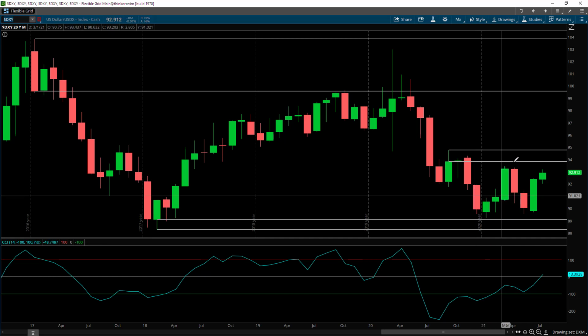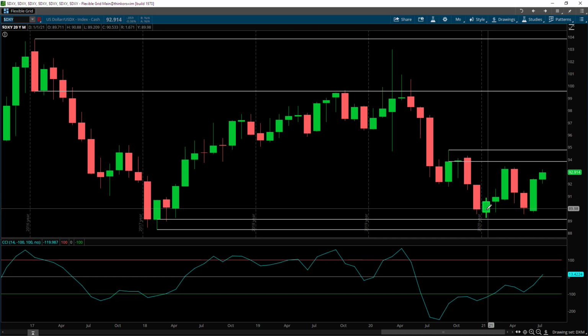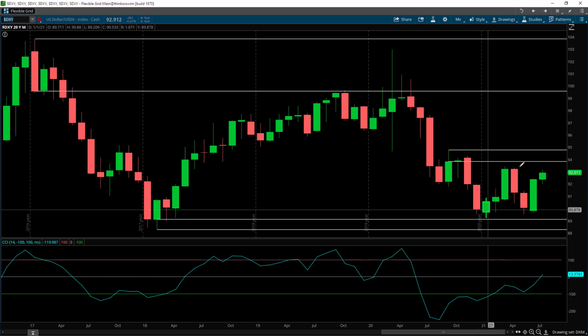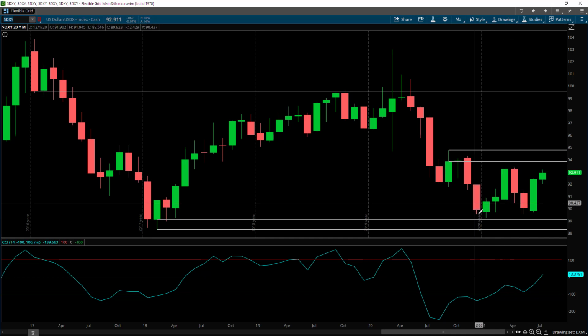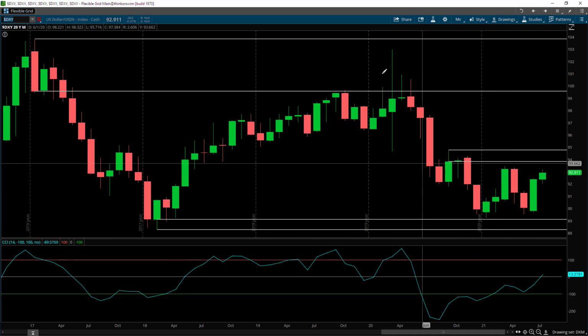And look what happened from here. And again, this is demand. This was the beginning of this year, and I said this could be the bottom of the dollar for this year, which is starting to look like a possibility. You see the market moved up, CCI divergence giving you the heads up.